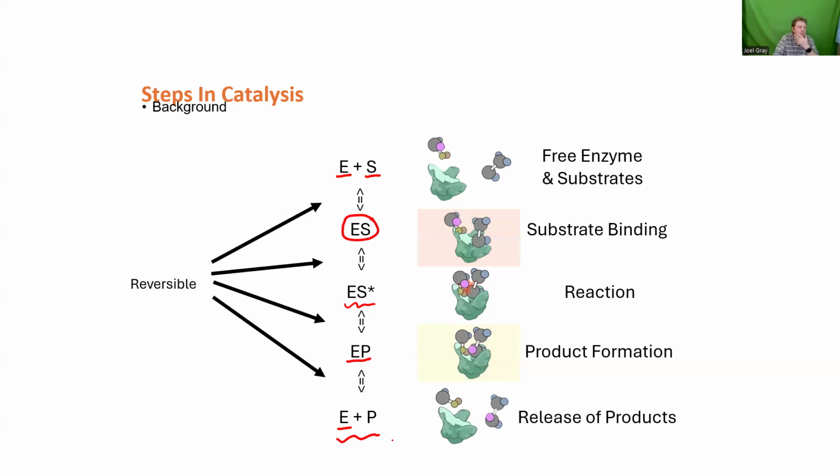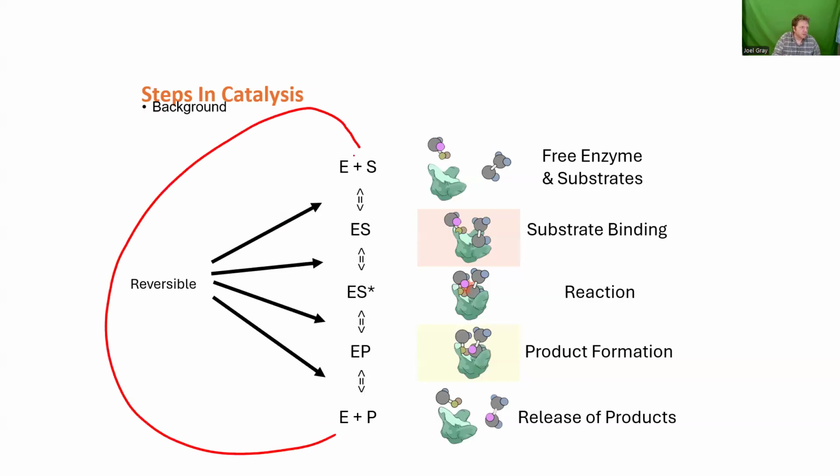There are a couple of things that are really important to keep track of. Anytime you hear about free enzyme, think about what that free enzyme is capable of doing. That free enzyme circles back and can bind the substrate again. This punctuates one of the important parts about any enzyme catalyzed reaction.